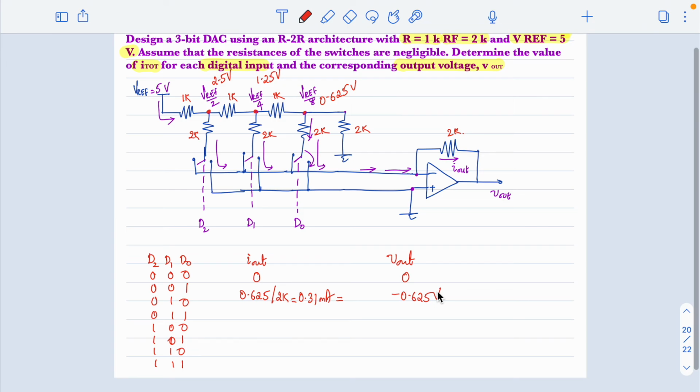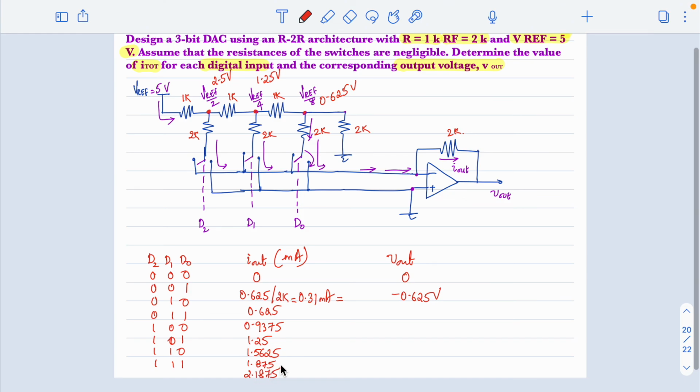So then for 010, it is double of this, so it will be Vref by 4 by 2K. Yes, I out in multiples of 0.3125, right. So I'll just write down the values. This is 0.625, all this is in milliamps, 0.9375, 1.25, 1.5625, 1.875 and 2.1875.